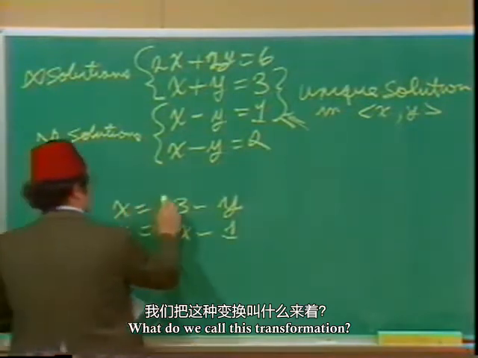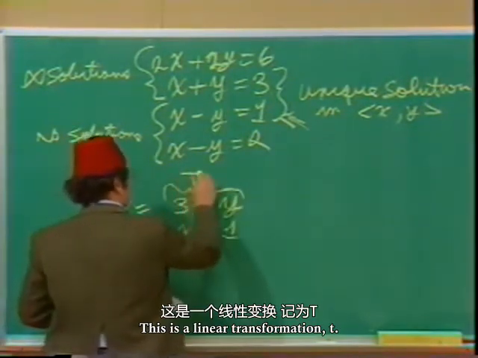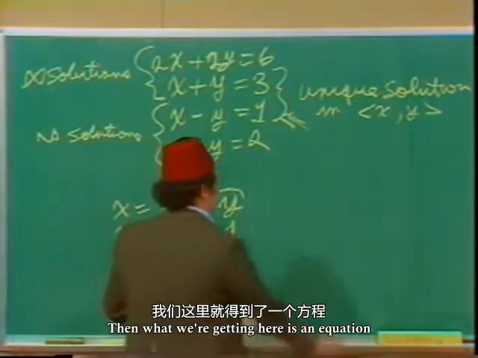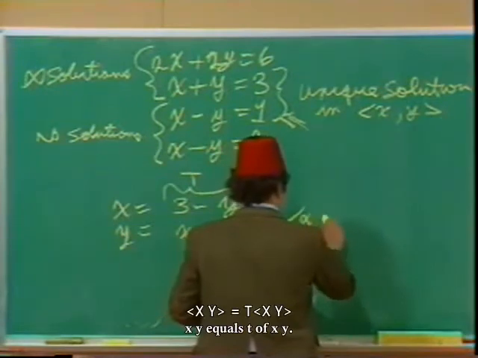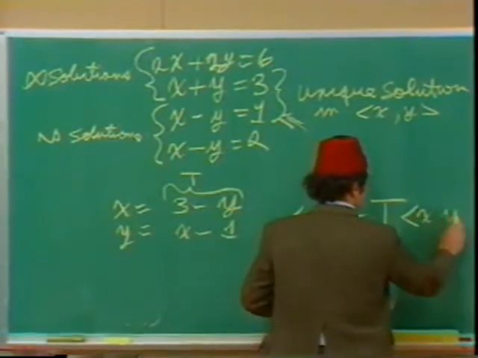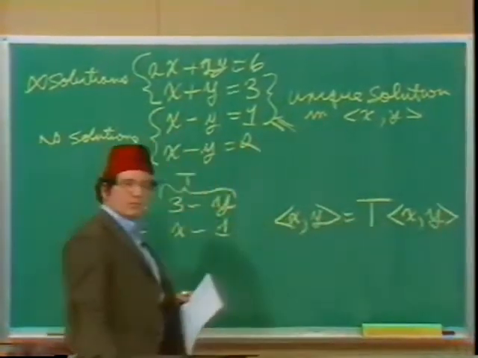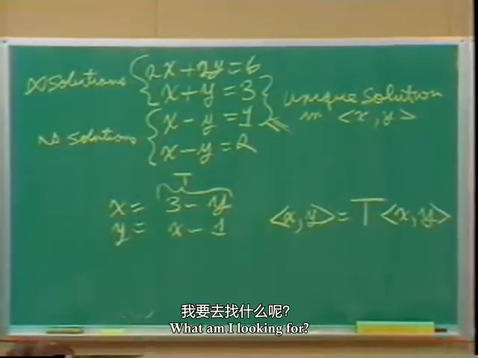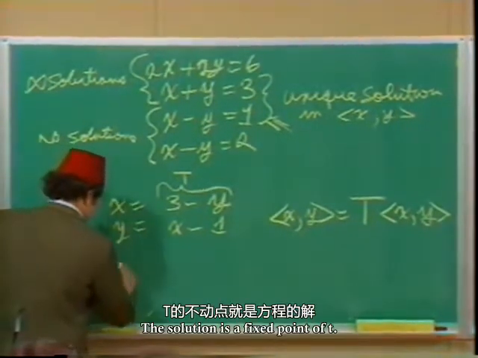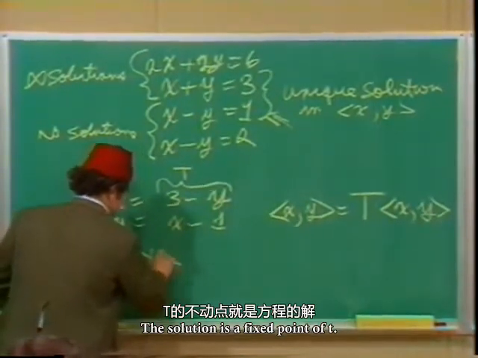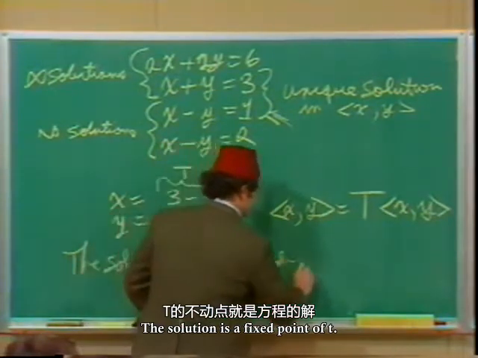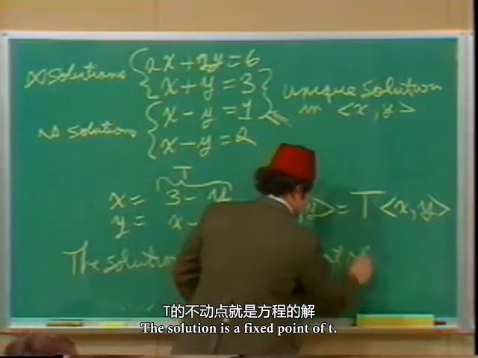Why do we call this transformation, this a linear transformation, T? Then what we're getting here is an equation (x, y) equals T of (x, y). What am I looking for? I'm looking for a fixed point of T. The solution is a fixed point of T.